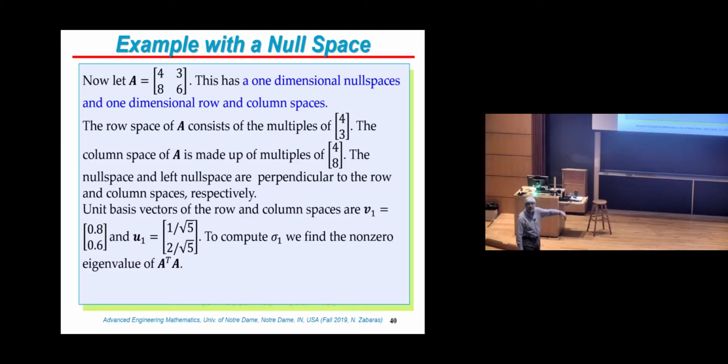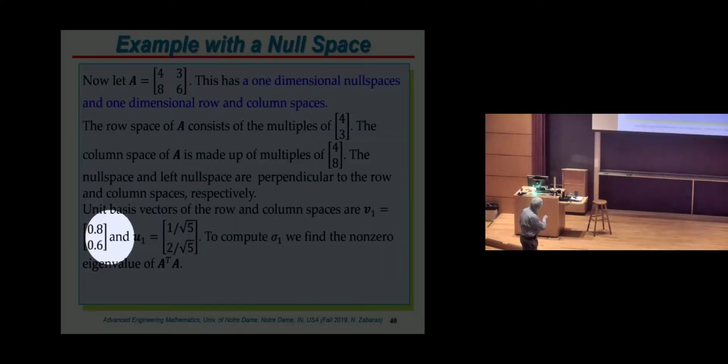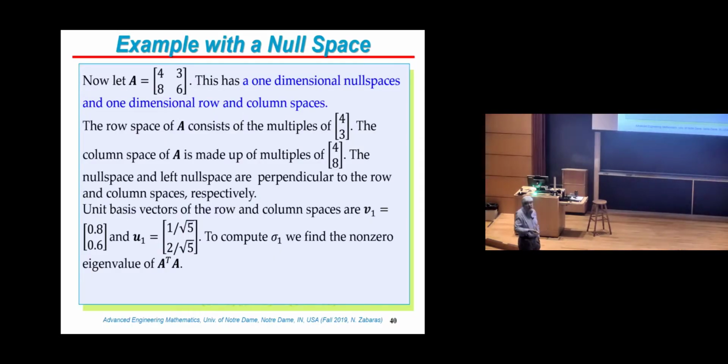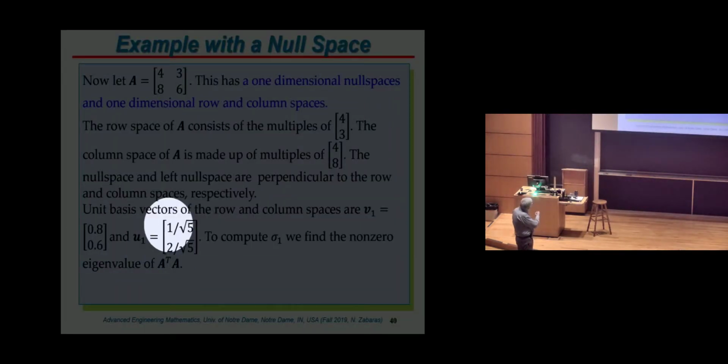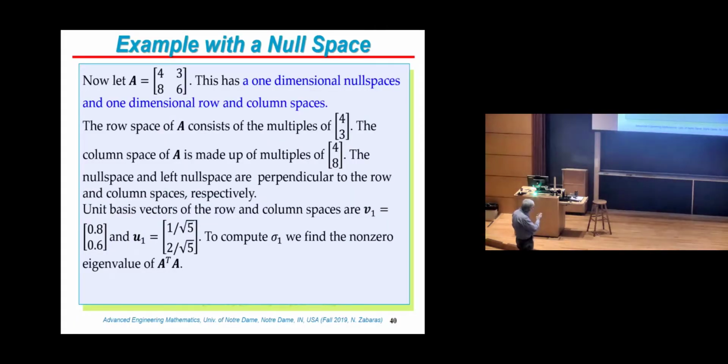It will be 4, 3, thank you. And where did I get 0.8, 0.6? I got it from 4, 3 by dividing by the magnitude of 4, 3, because it needs to be unit length. Similarly, you can compute a vector in the column space, 1, 2, and I divide by the magnitude square root of 5 to make this an orthonormal vector, a unit vector.